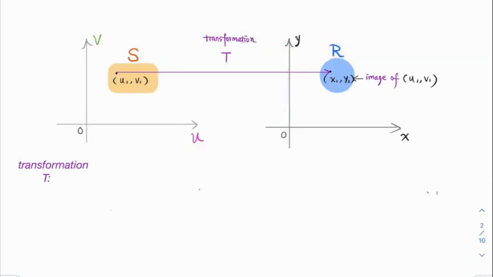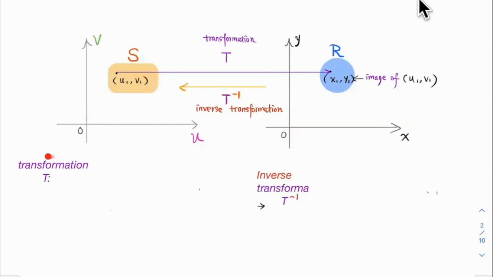This R on the xy plane is the image of S, and it consists of the images of all points in S. If this transformation is one-to-one, which means no two points in S are mapped to the same image, then it has an inverse transformation denoted T inverse.